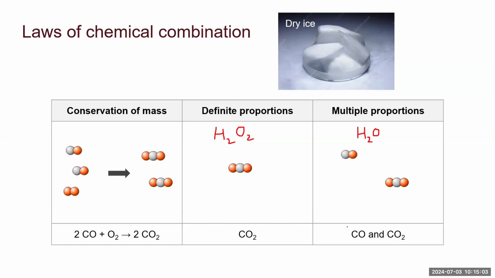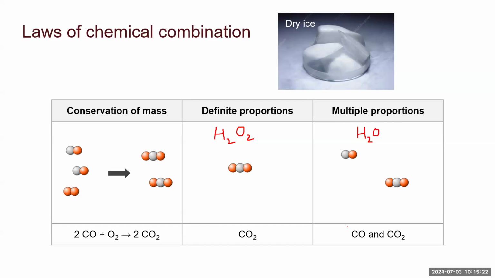Whether you have 1 single molecule of H2O or 10 liters of water, it's nothing but a bunch of H2Os in there. So that's your defined proportions. Water is always H2O.